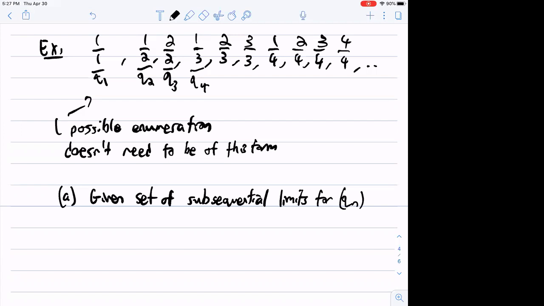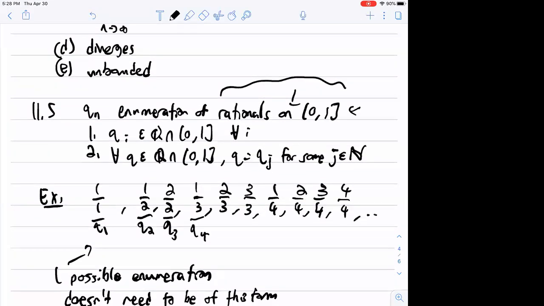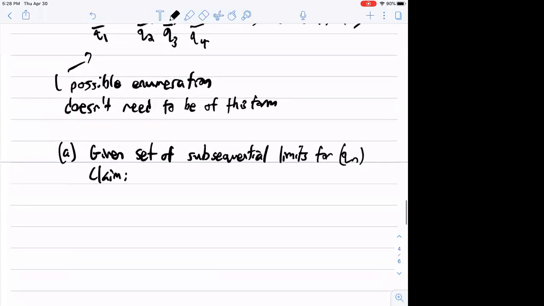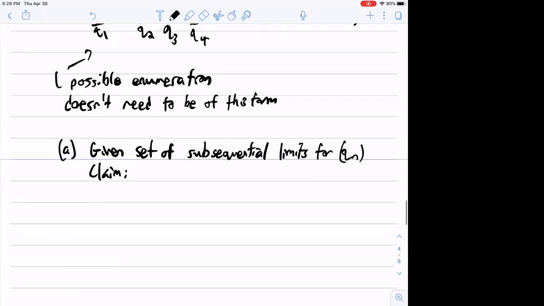And what you're going to see is rationals are dense. Given any real number, you could find a sequence of rationals going to it. So basically, I claim that the set is, we are on 0, 1. This is open, but we certainly can go to 0. For example, the rational 1 over n converges to 0. So you can see that this converges to every real number in here.